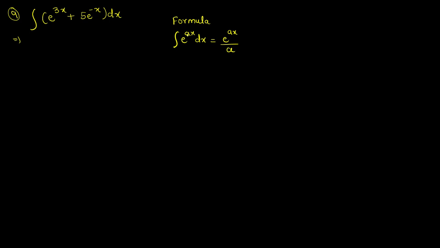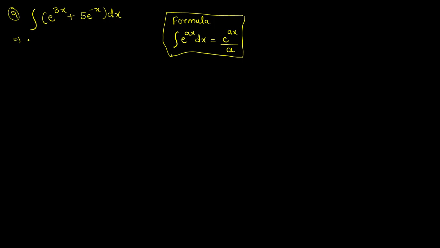So we look for the term that is multiplied by x. If there is nothing multiplied, we get the answer only as e power ax. If there is something multiplied, then that term comes to the denominator, where e power ax will remain as it is.